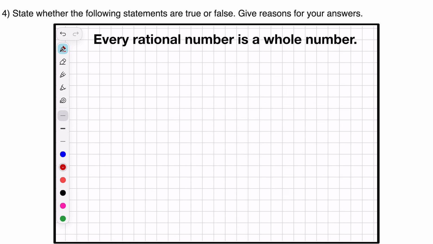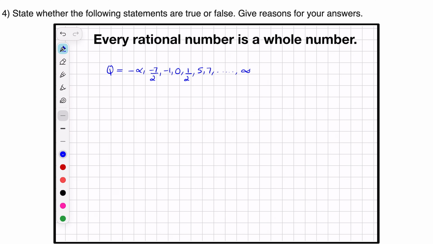Now third question, every rational number is a whole number. So let us write what is the set of rational numbers. The set of rational numbers is represented by the capital letter Q. It will start from negative infinity. We will have negative numbers, and 0 is there. Then we have positive numbers.